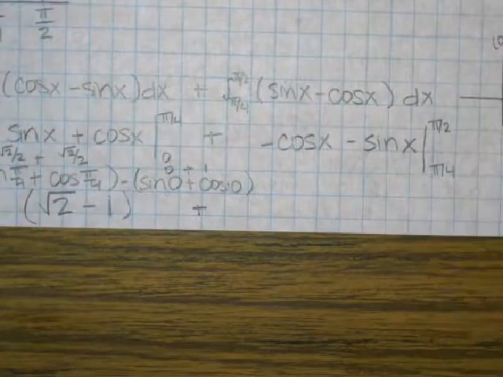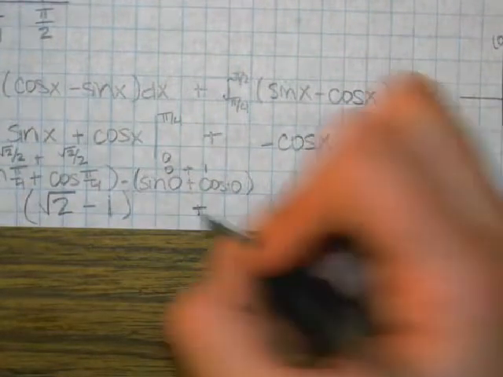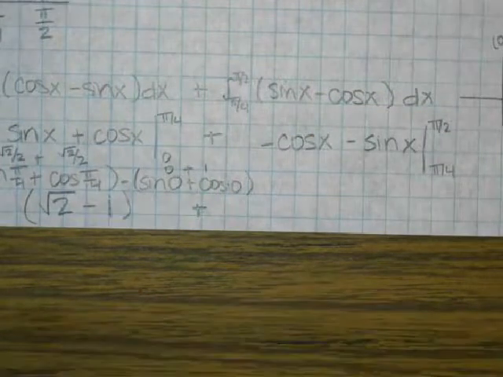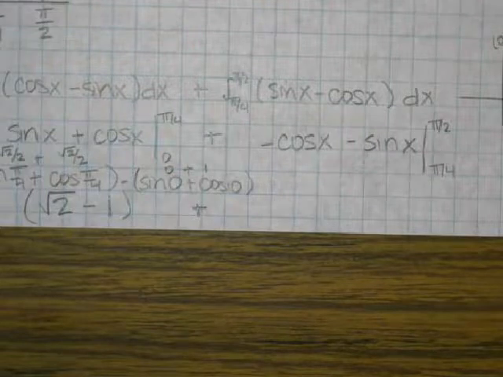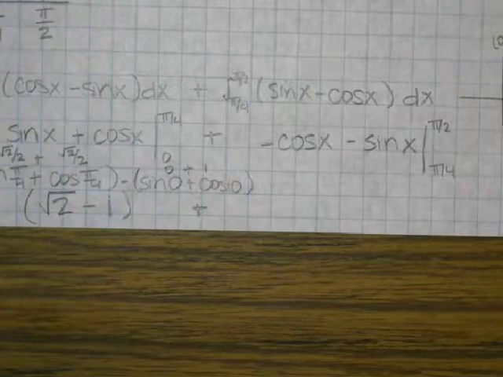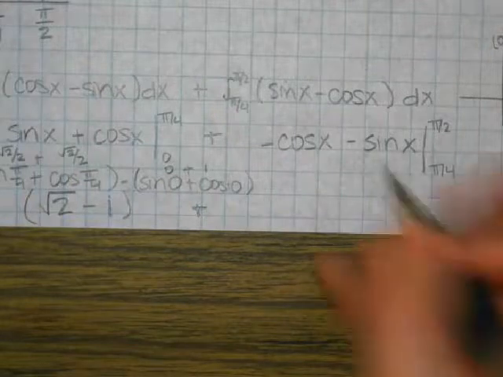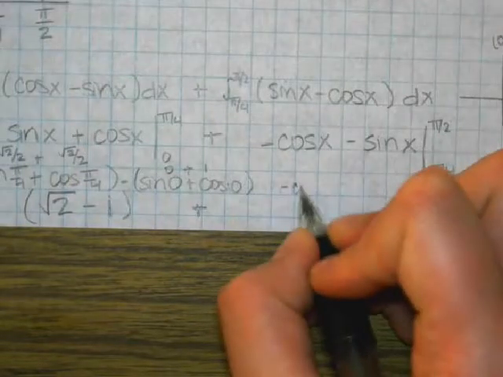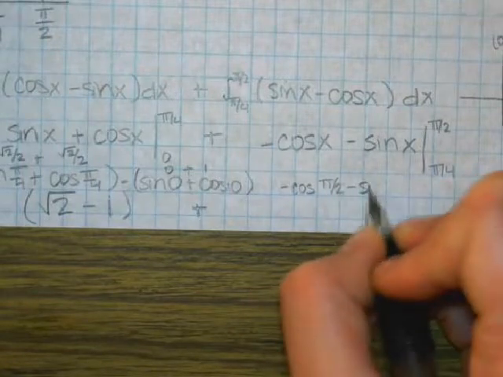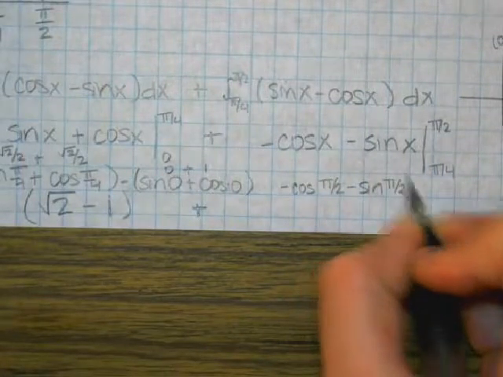Plus, let's go ahead and do the second one. Now, I know these are not necessarily your comfort zone, but how are we actually doing with these? Not fun, but are we seeing where all the numbers are coming from? So now we have negative cos of pi halves minus sine of pi halves.